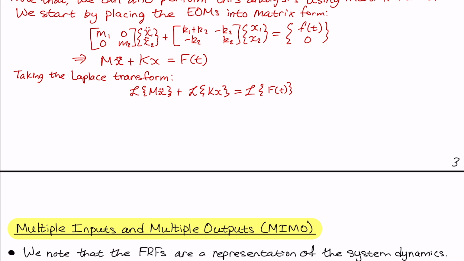So that will give us s squared times m plus k, and that quantity times big X of s equal to big F of s.